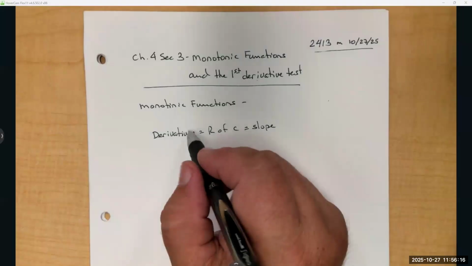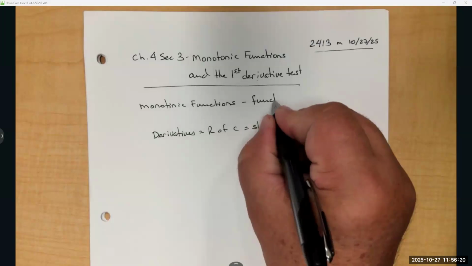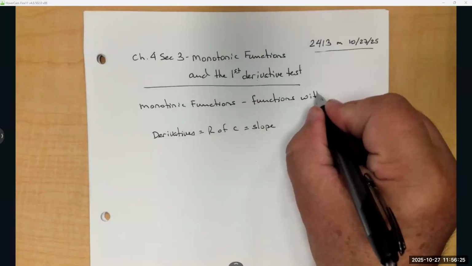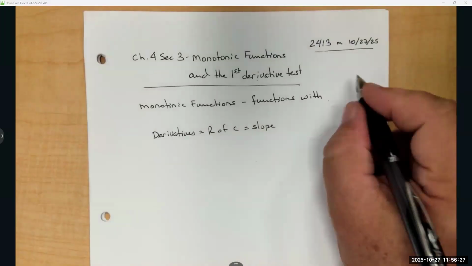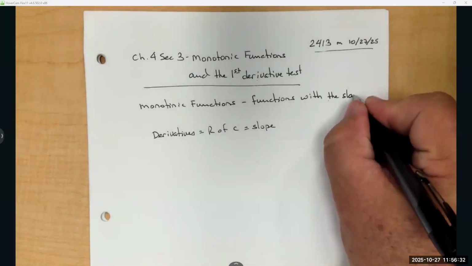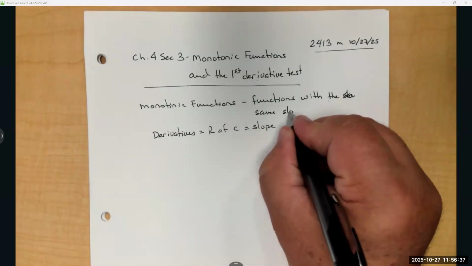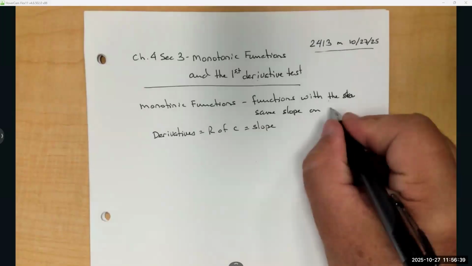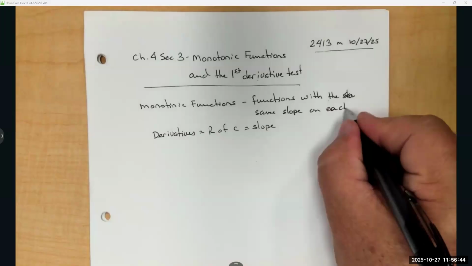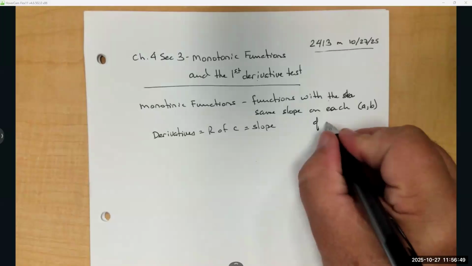So monotonic functions are functions with the same slope on each open interval of a function.